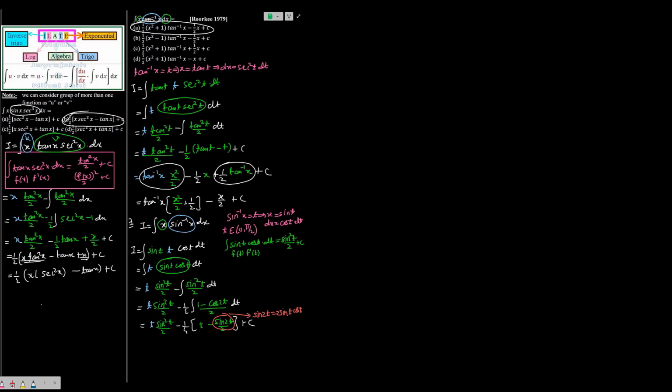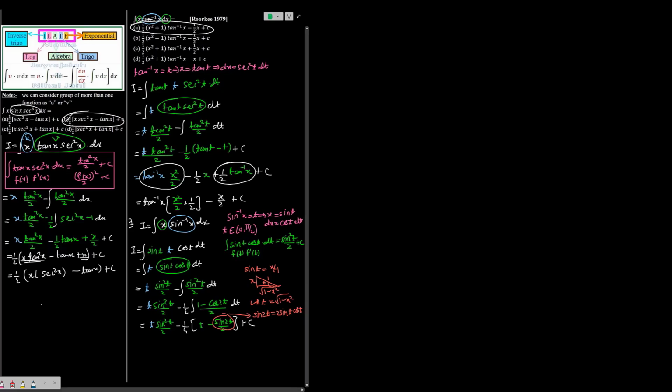Means we have to find out cos t. Sin t is x by 1. Use a right angle triangle. X by 1, so the other side will be under root of 1 minus x square. That will give us cos t as under root of 1 minus x square. And here substitute. So we are ready to get our answer.